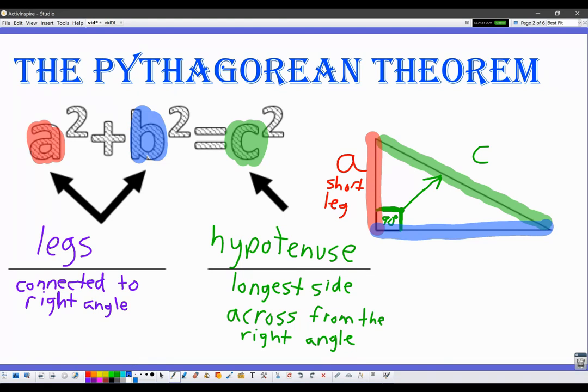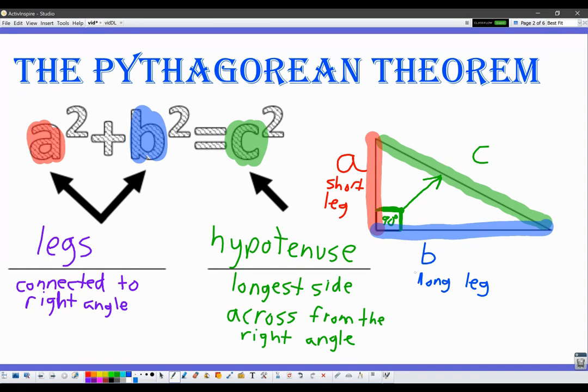Now don't get this confused. I said that the hypotenuse is the longest side, right? But out of the two legs of the triangle, B is going to be the long leg. Now A and B, they can be switched around, honestly, and it won't really change much of what you're trying to solve for.